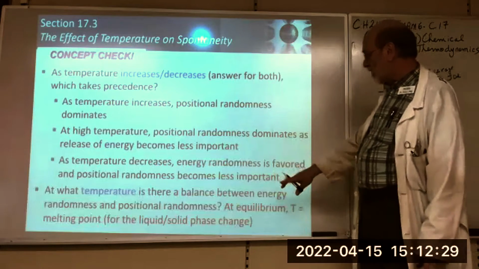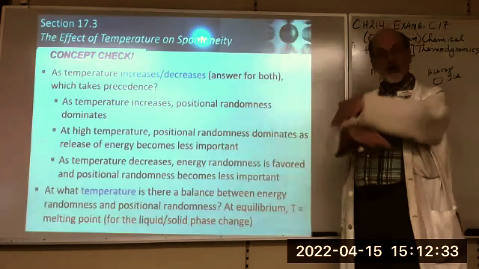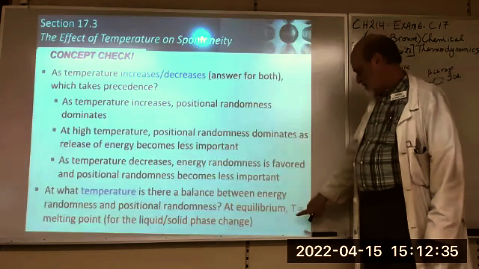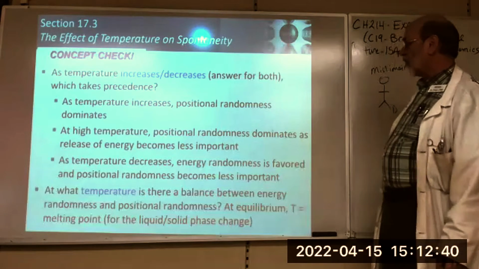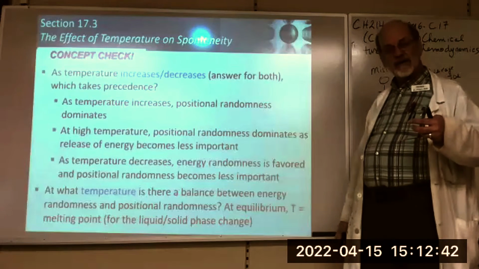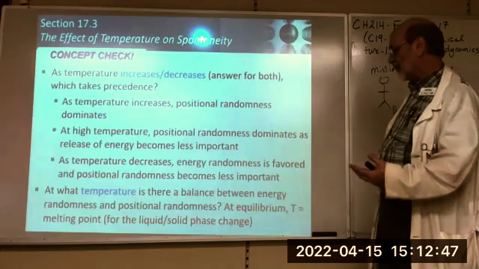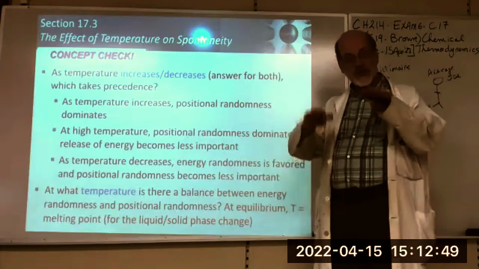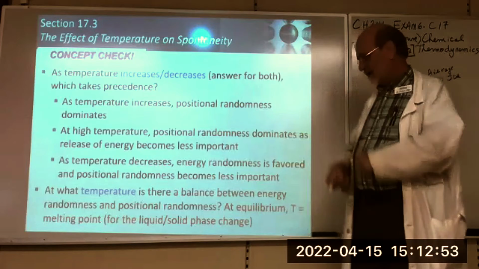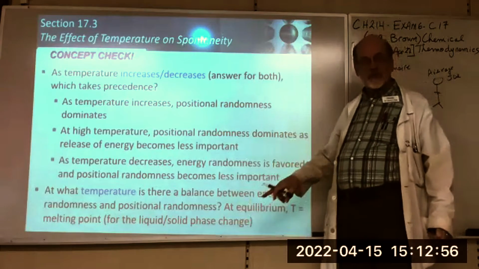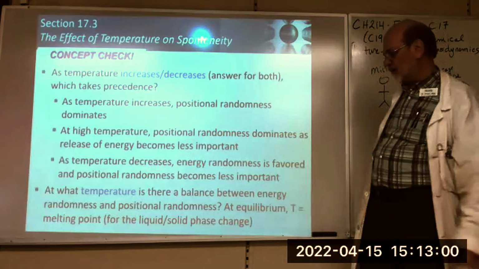So at what temperature is there a balance between energy randomness and positional randomness? Where do they cross? Right here, at equilibrium. So for a solid turning to a liquid, that equilibrium is at the melting point, where the phase change occurs, where you have solid and liquid together. That's the crossover point between positional randomness and energy randomness.